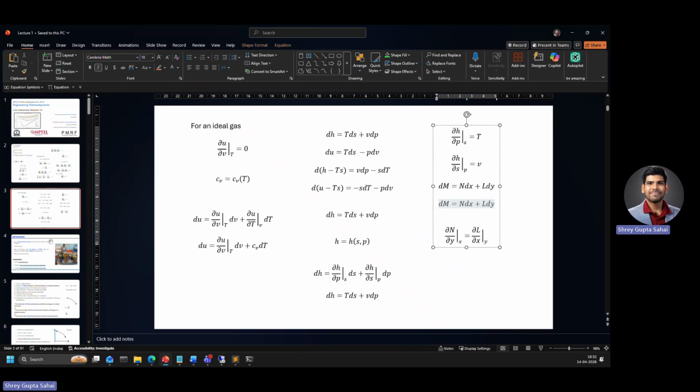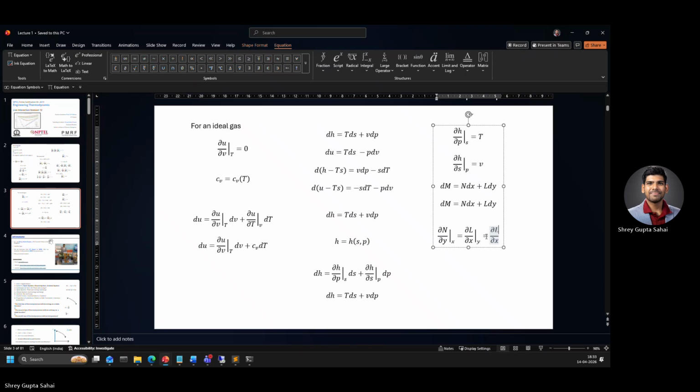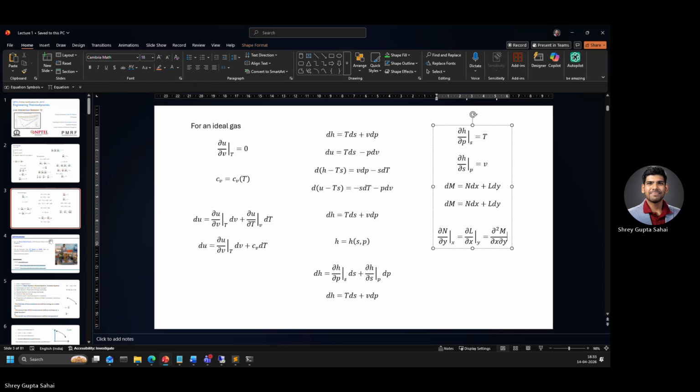So it should be equal to, isn't it? This is something that we know, right? That's the definition of n and n, just substituting things. So in that sense, you can actually write this.